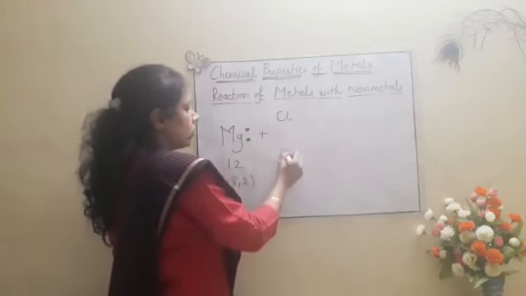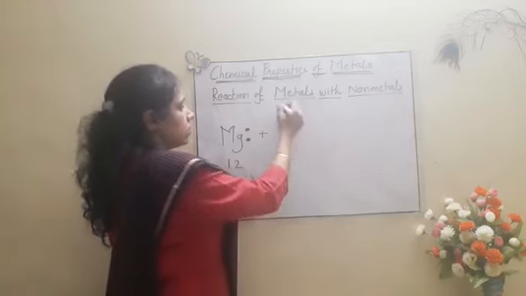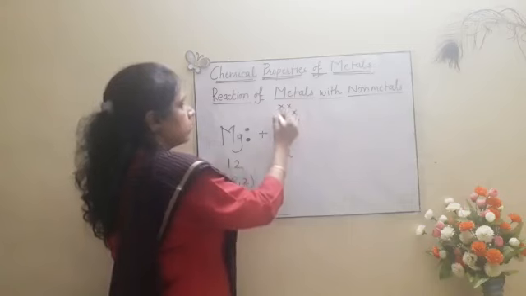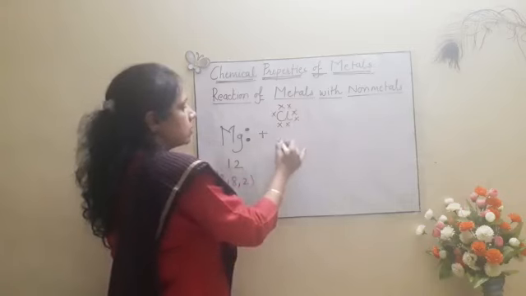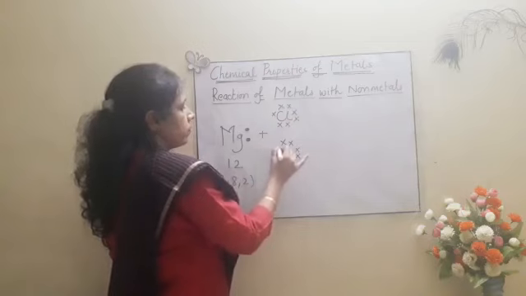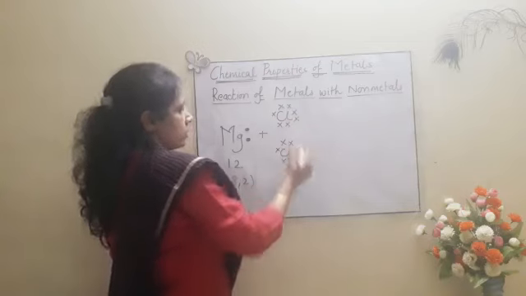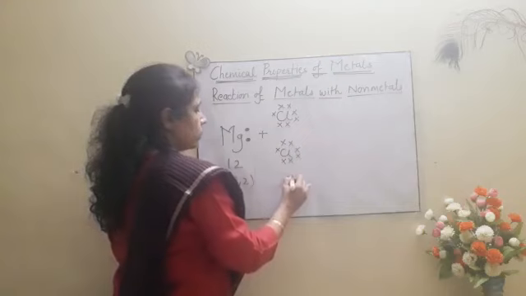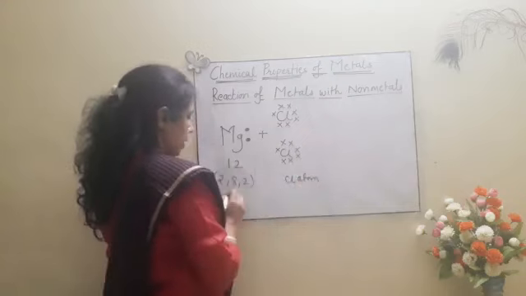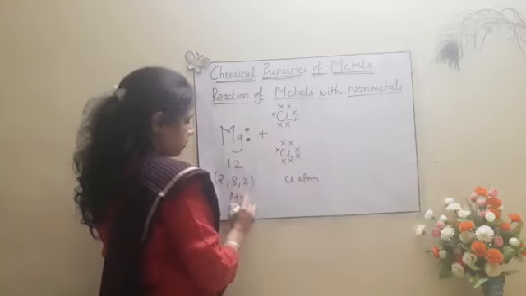So we will draw 2 electron dot structures of chlorine atom like this, having 7 electrons in the outermost shell. These are chlorine atoms, and this is magnesium atom.